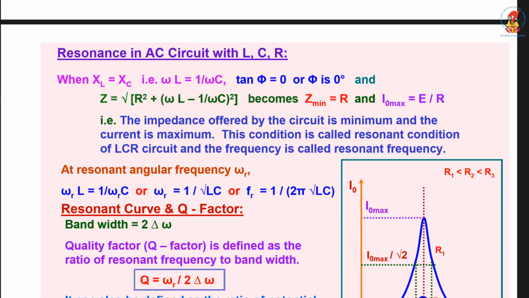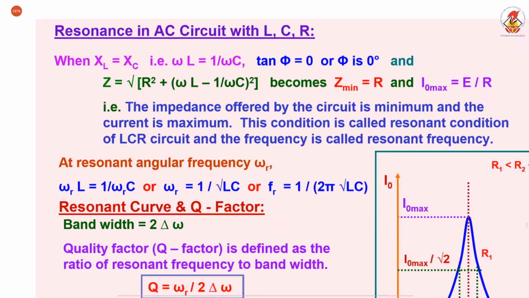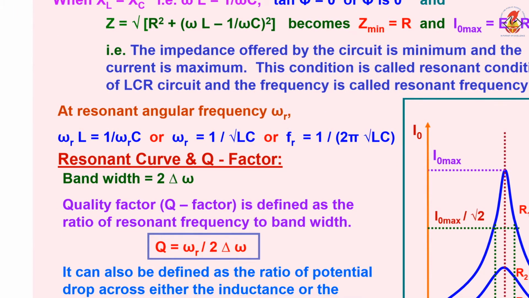So let us see what the resonant frequency is. At the resonant condition, the angular frequency is omega r. So I will write XL equal to XC. What is XL? L omega. What is XC? 1 by C omega. So L omega equals 1 by C omega. From there, omega is taken to this side, so omega squared is equal to 1 by LC, or omega is equal to 1 by root LC.